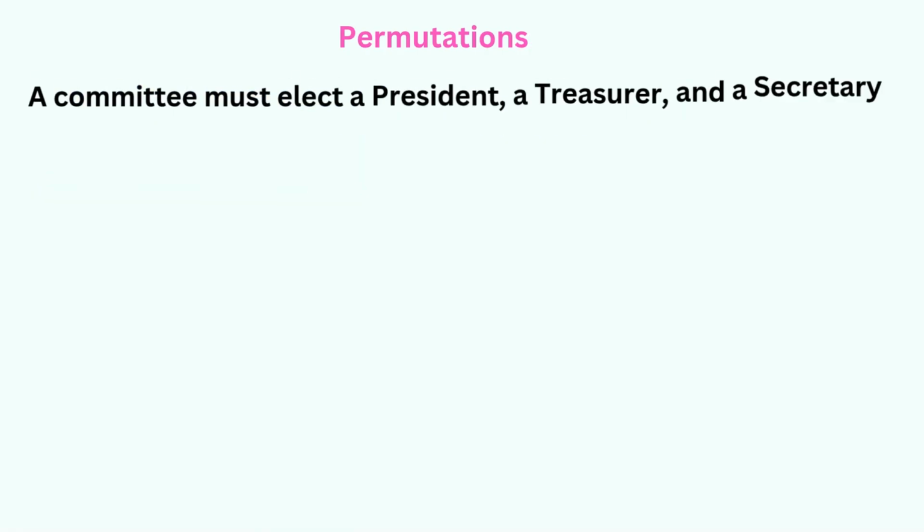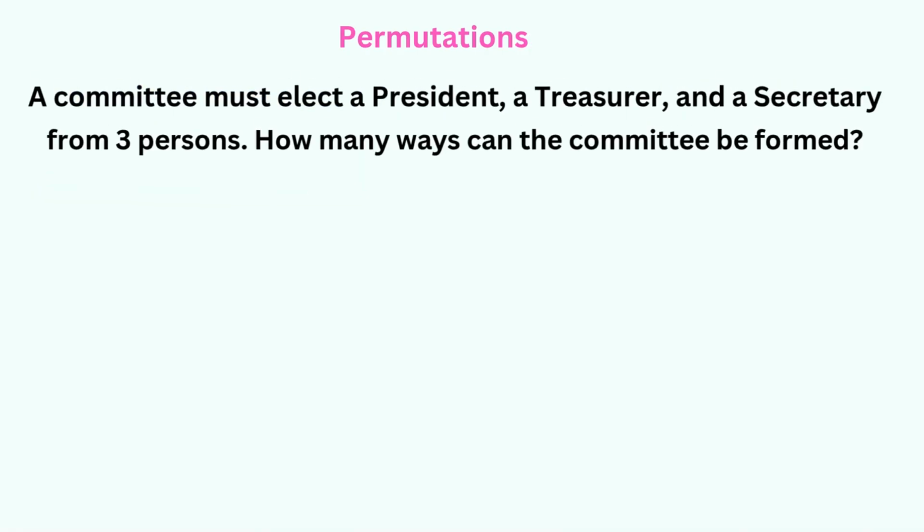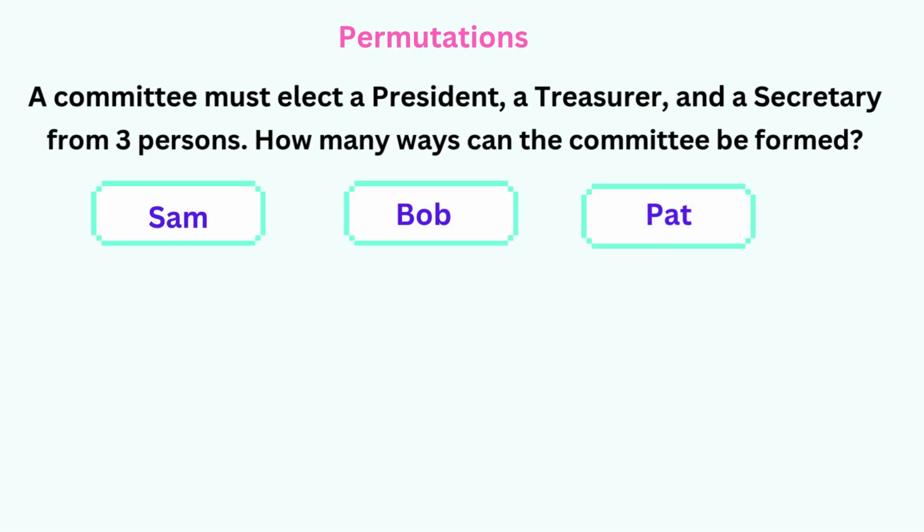A committee must elect a president, a treasurer, and a secretary from 3 persons. How many ways can the committee be formed? To illustrate this, we'll make up some names for the 3 persons: Sam, Bob, and Pat. Since the positions are distinct, the order matters. So Sam can be president, Bob can be treasurer, and Pat the secretary.